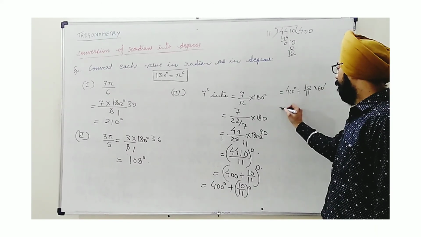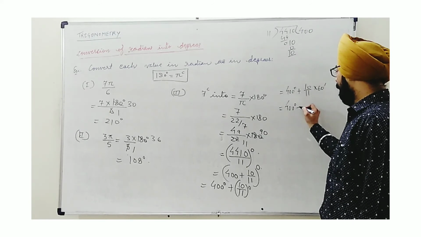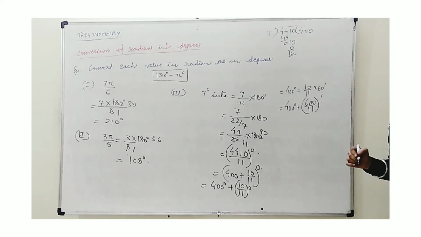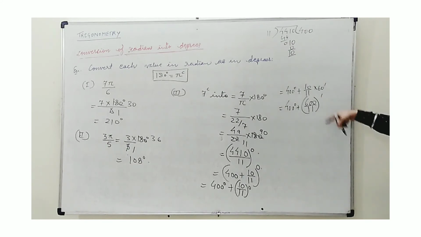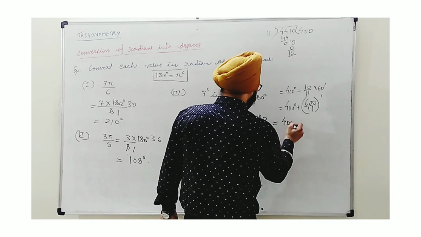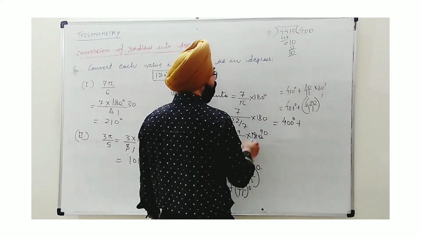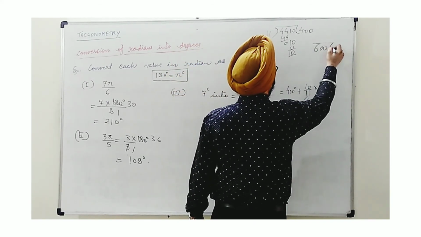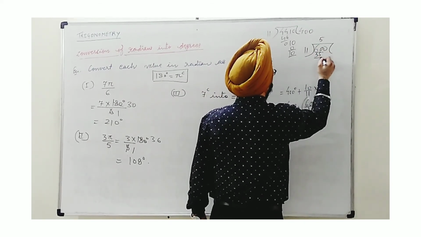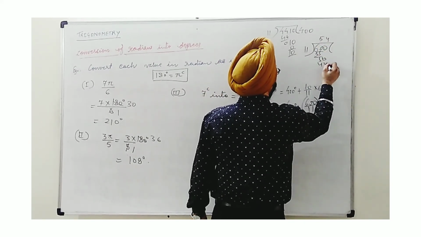Now as I see, I find 400 degree, and this becomes 600 upon 11. Now this is in minutes. And as I see, this is a fraction. So once again divide 600 by 11. We get 5, 4.